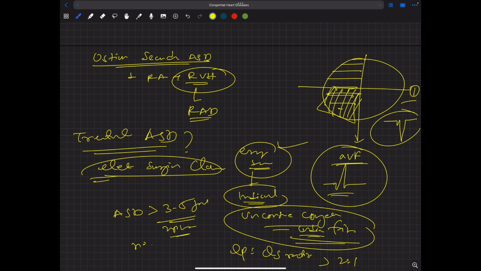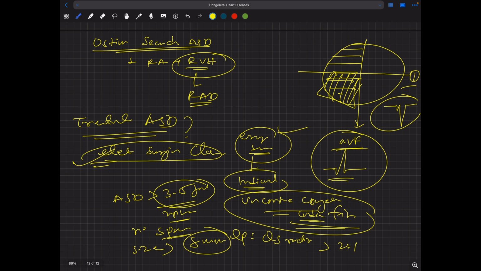So suppose it doesn't close spontaneously within 3 to 5 years, and the size is more than 8 mm. Then we have elective surgical closure in case of ASD.